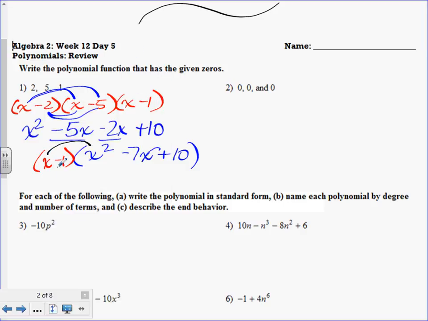X times x squared. X cubed. Yep. X times negative 7x. X times positive 10. Go underneath.